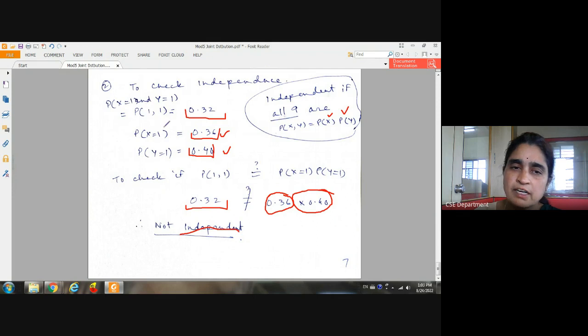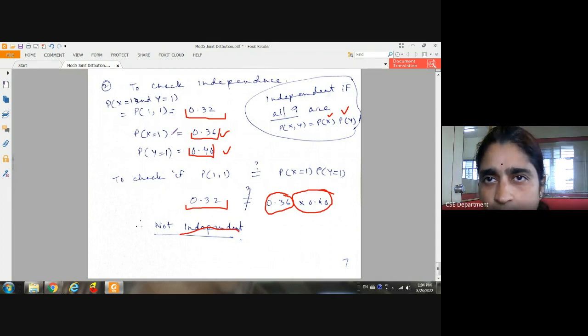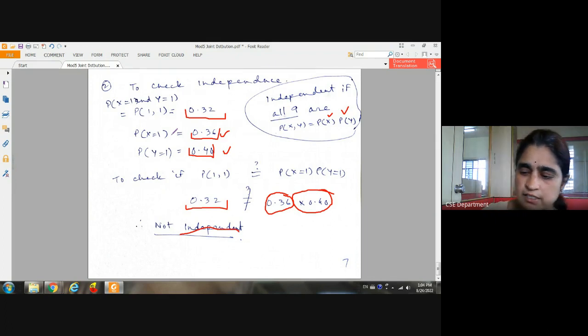Suppose P11 had matched, then we would say yes it is independent, and check the next cell. Like that, only if it is equal for every cell is it called independent. If in any one cell the product of the marginal values is not equal to the given cell value, that means the condition is not satisfied, so it is not independent.